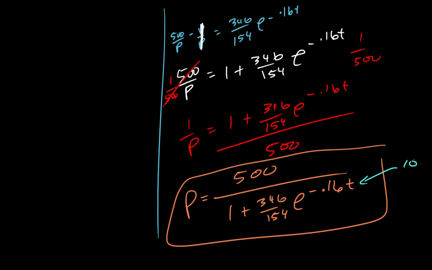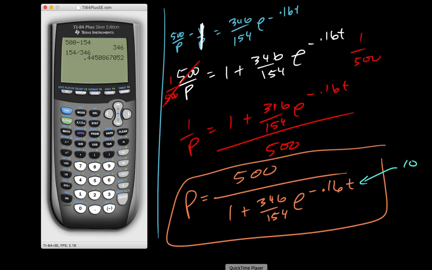And when we do that, let's go to the calculator. I'm going to do this e part first. So I'm going to say e to the negative 0.16 times 10. Now I'm multiplying it by the fraction. I'm going to add 1.